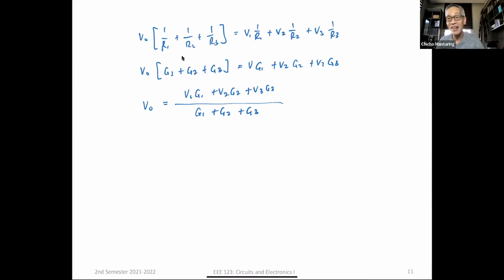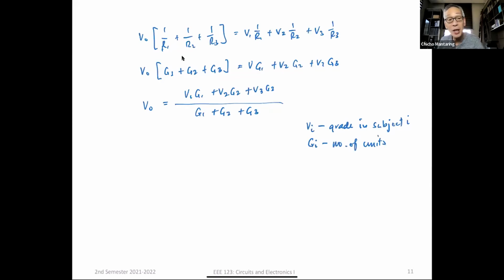Ano yung grade weighted average? So what is your grade weighted average? Ang katumbas ng V1, let's say VI, is your grade in subject I. Tapos ang katumbas ng GI is the number of units. Right?